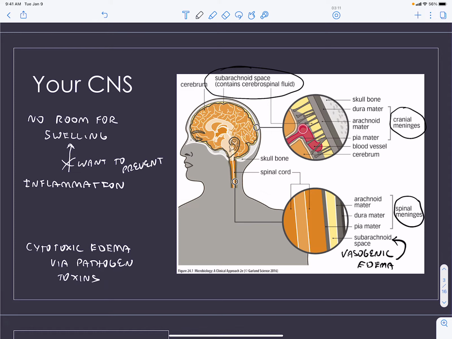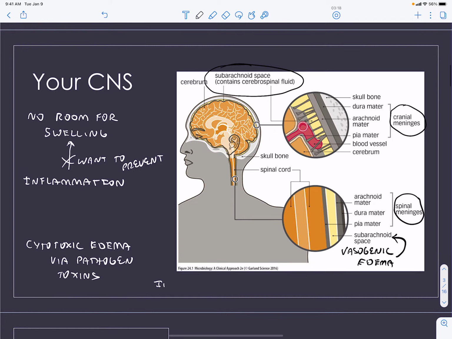Now, your infections can also affect your brain function through things like acidosis, and so lowering your pH is, of course, going to profoundly affect the ability of your enzymes to function. Hypoxia, and destruction of neurons.